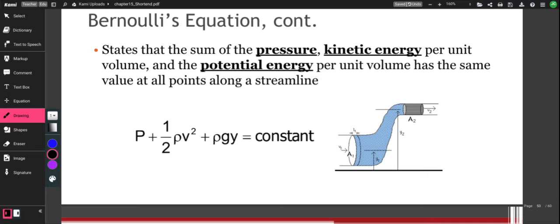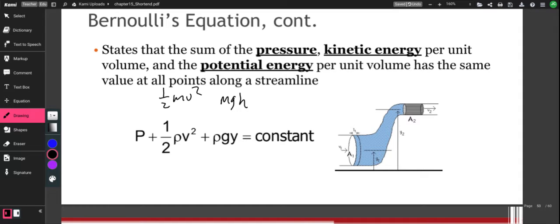That leads us to Bernoulli's equation, which you can see on the screen: the pressure in the pipe plus 1/2 rho v squared, where v is the velocity. This is like the kinetic energy. If you think of kinetic energy, it's 1/2 mv squared. When we look at this equation, we can see that this is going to be all about energy. So 1/2 rho v squared, plus rho g y, which is like potential energy, mgh, is equal to a constant.